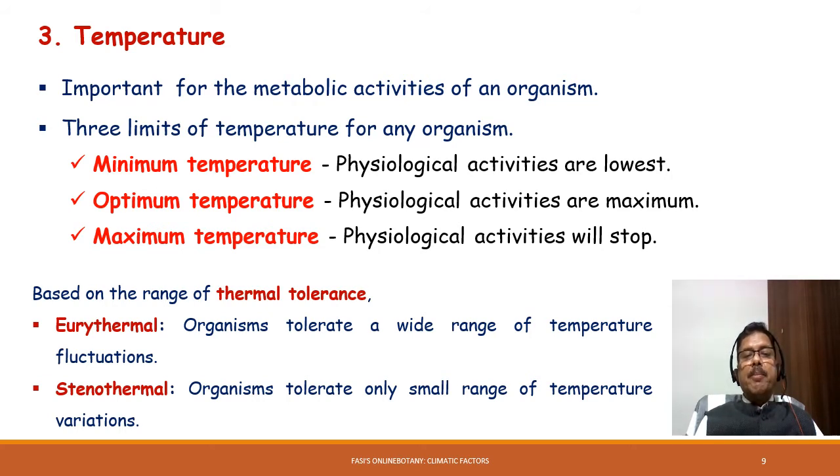Three limits of temperature can be categorized for any organism: minimum temperature, where physiological activities are lowest; optimum temperature, where physiological activities are maximum; then maximum temperature, at which physiological activities will stop.